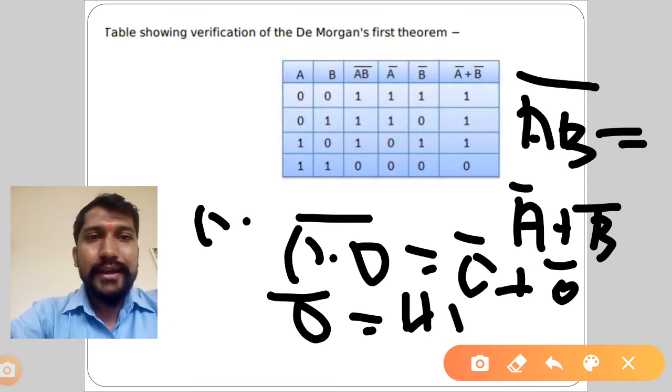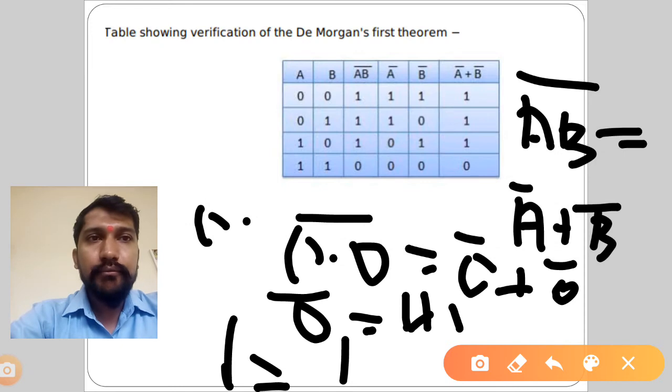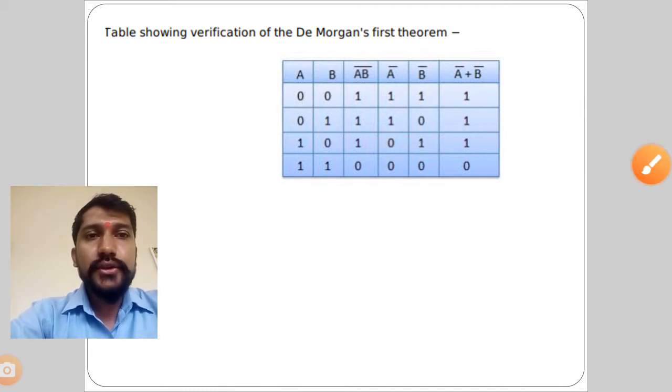Fine. 0 bar is what? 1 is equal to what? 1. So when I give both inputs 0 0, what will I get? A bar and B bar. So it is (A into B) bar as well as A bar plus B bar. I will be getting 1 and 1.